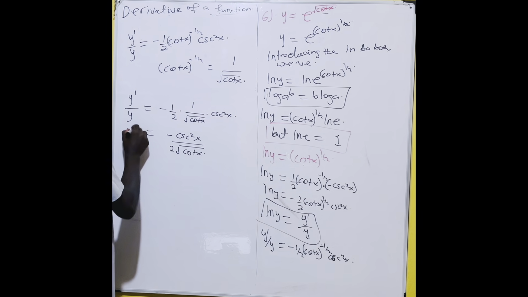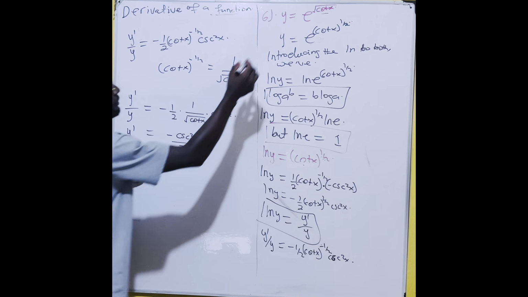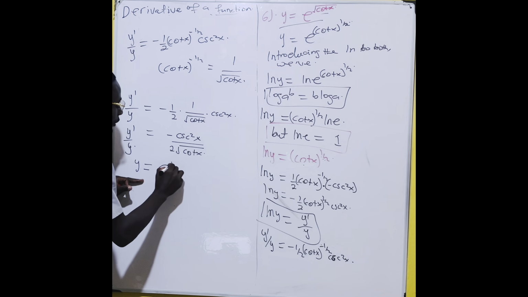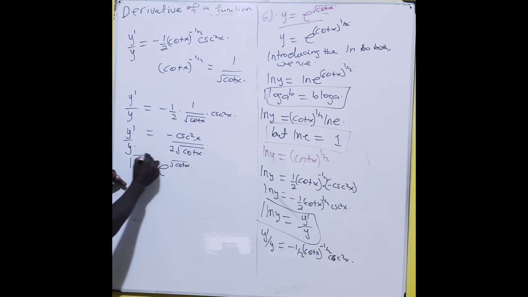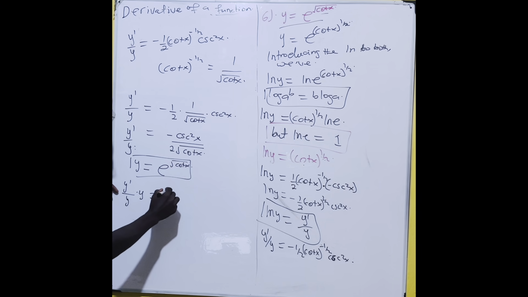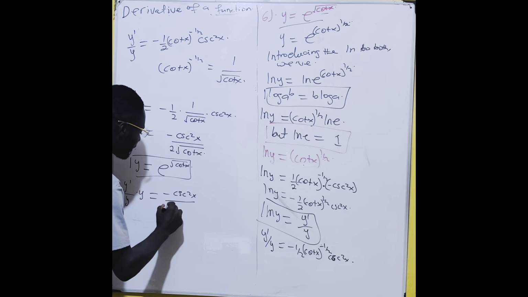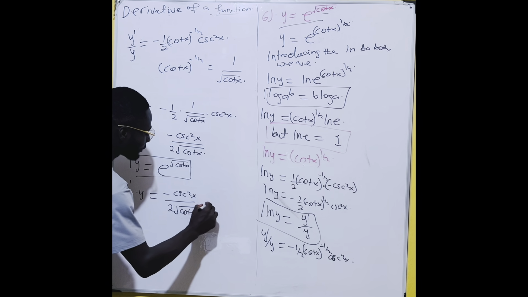And remember that y was giving us this. So we have e to the power square root of cot x, right? So we substitute this here. Okay, so we're going to have y prime divided by y times y equals negative cosec squared x divided by 2 square root of cot x times y.